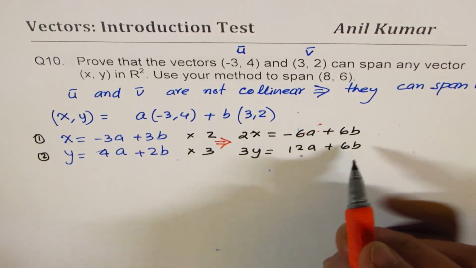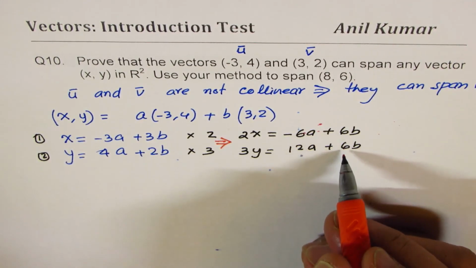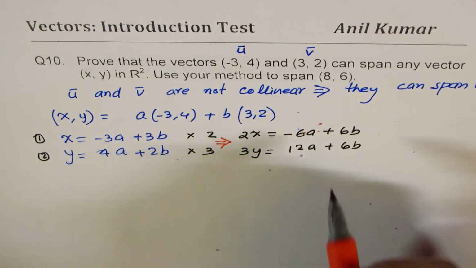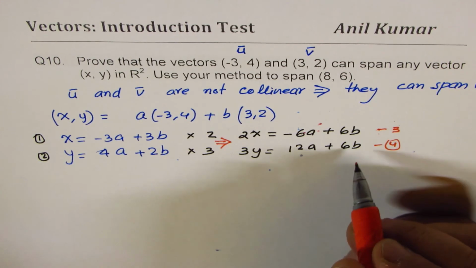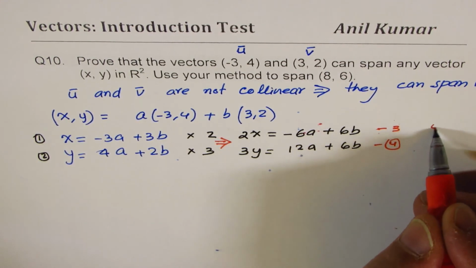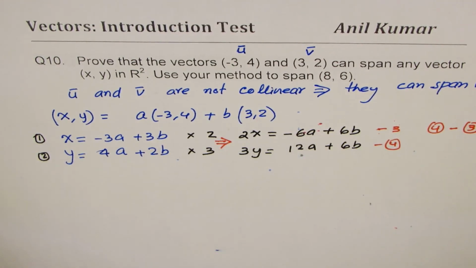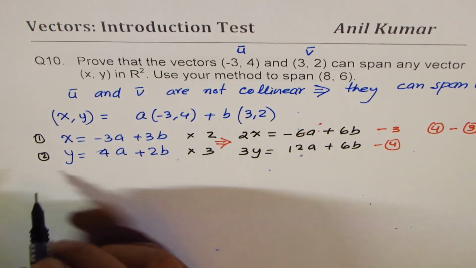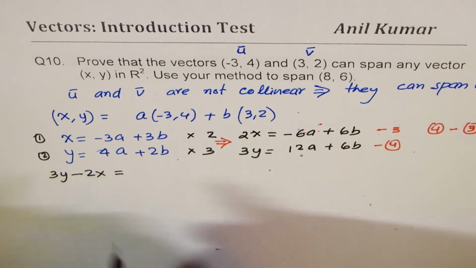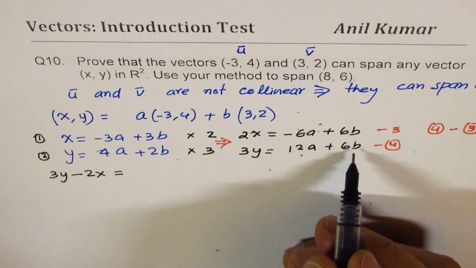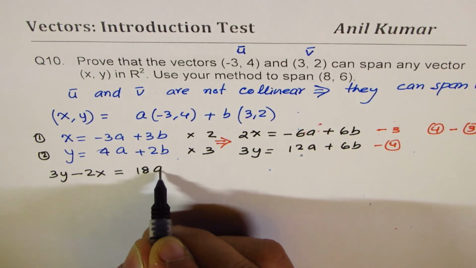Now we can take away one from the other, right? Let's call this equation 3 and this is 4. So now I will do equation 4 minus equation 3. This minus that gives me 3y minus 2x equals, the b's cancel, but here we get 18a.